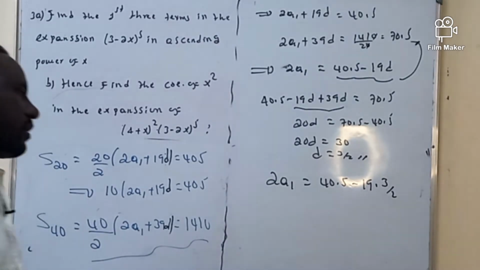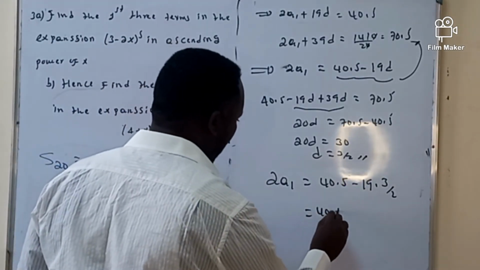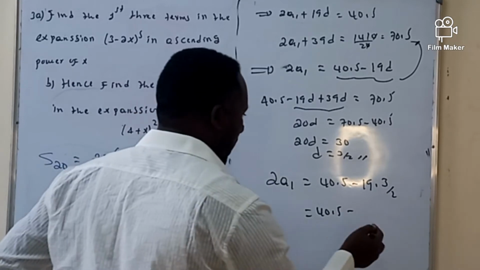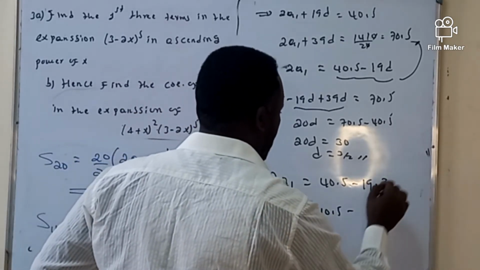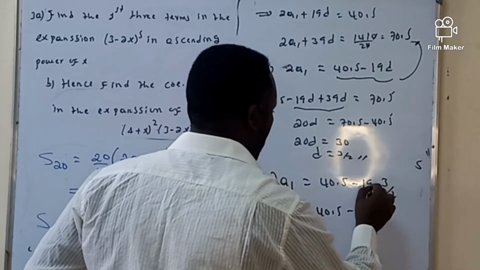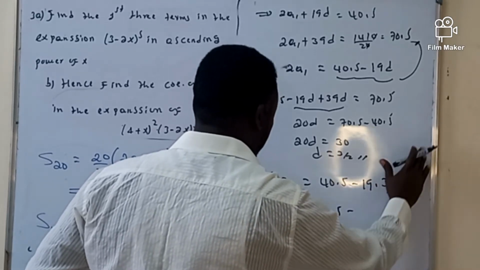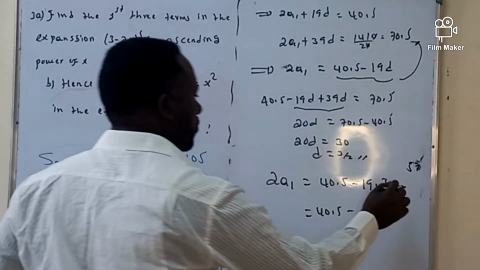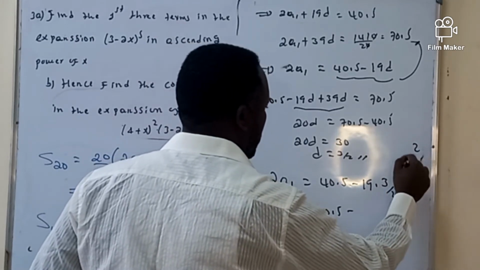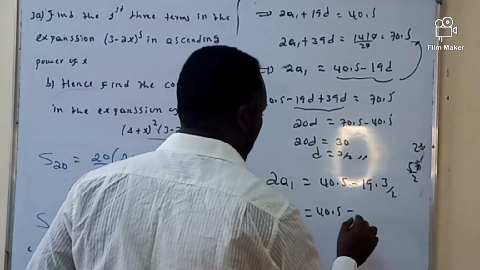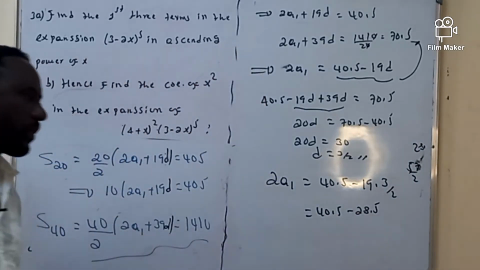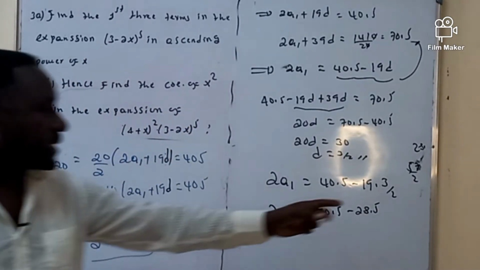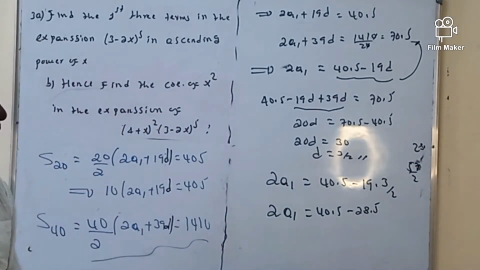Now you can directly do it this way. 19 times 3 will be 57. 57 over 2 will be 28.5.